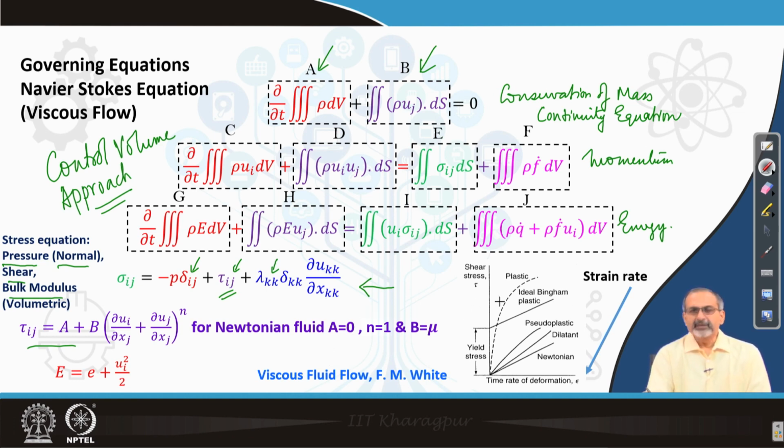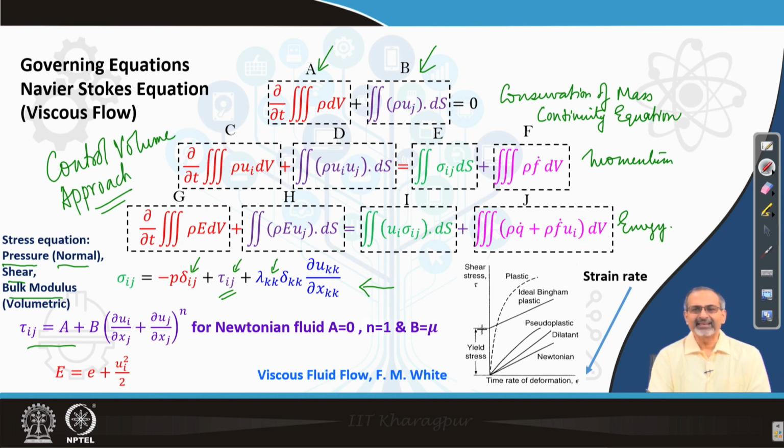Now, very briefly to mention over here, you could think about curves like this indicating the strain rate versus the shear stress. In a Newtonian fluid you see a linear variation between the strain rate and the shear stress, but depending on the kind of fluid that you are handling, you could have other kinds of behavior that are non-linear in nature.